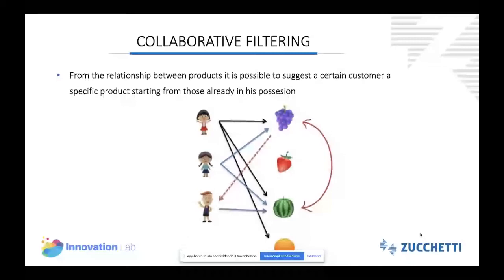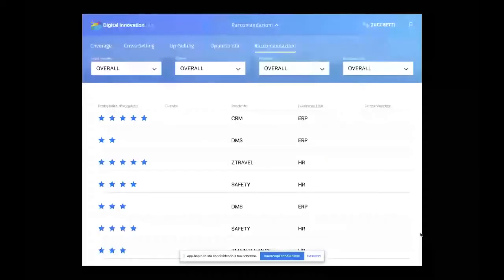Merging these two models, we created an algorithm that, for each customer, suggests in real time the best product the customer would be interested in buying, in relation to his similarity to similar customers and similar products bought by other customers.